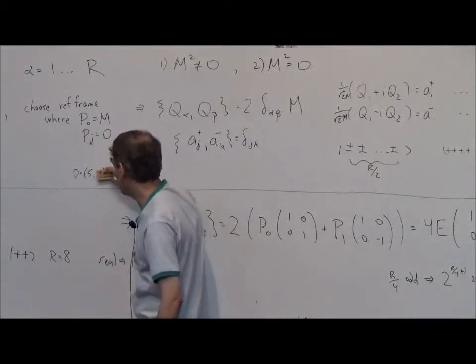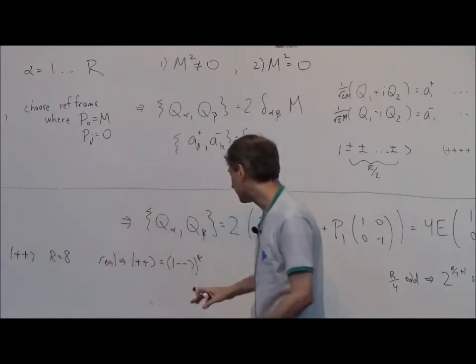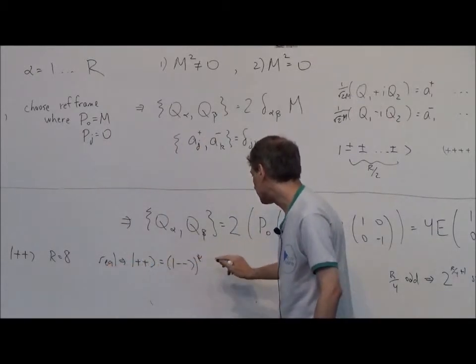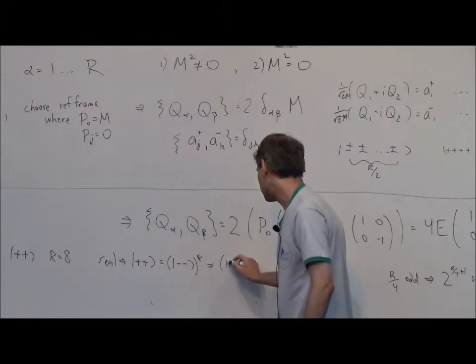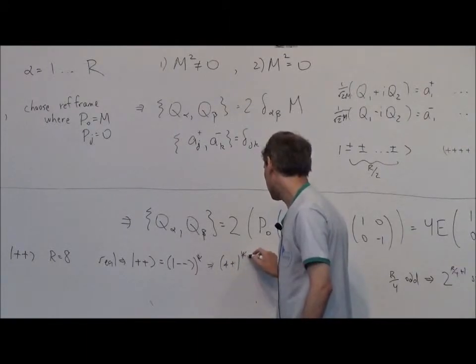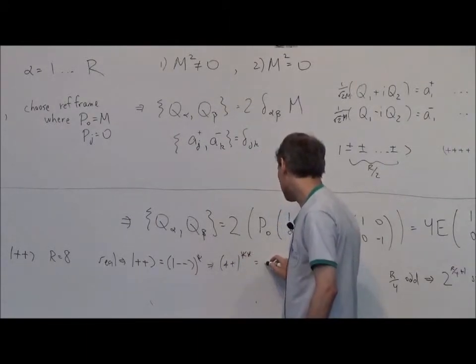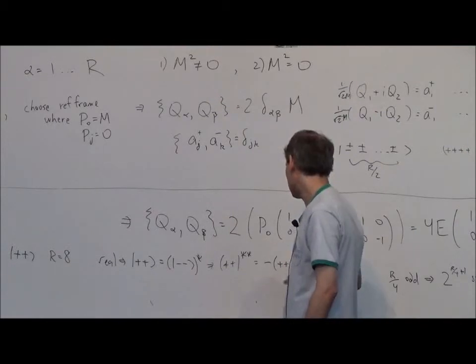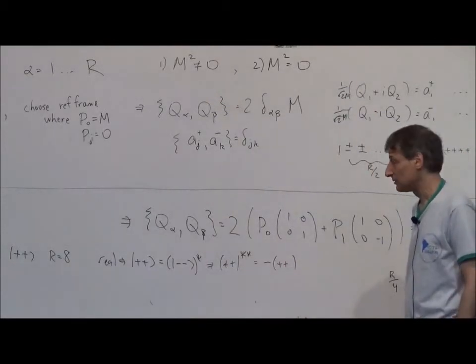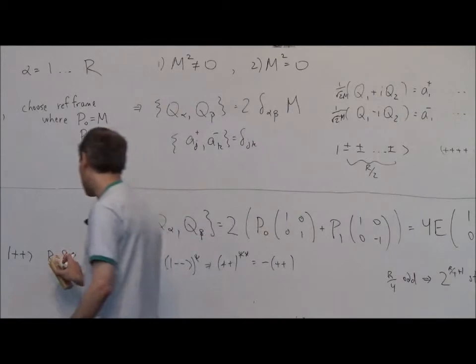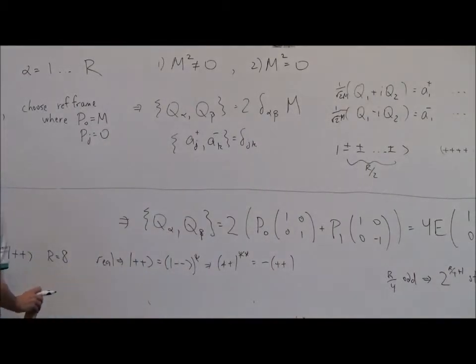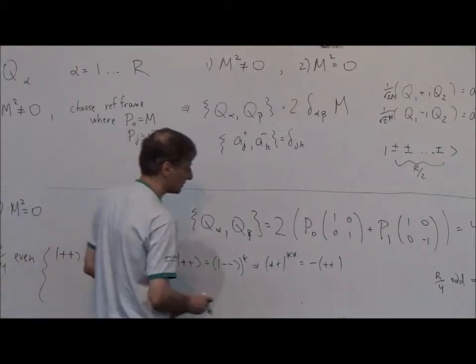You had a 4-dimensional Euclidean space. If you try to use this, it implies, of course, that plus plus double conjugate is equal to minus. So you get the contradiction. So in this case, actually, R equals 8, you find that it has to be pseudo-real.